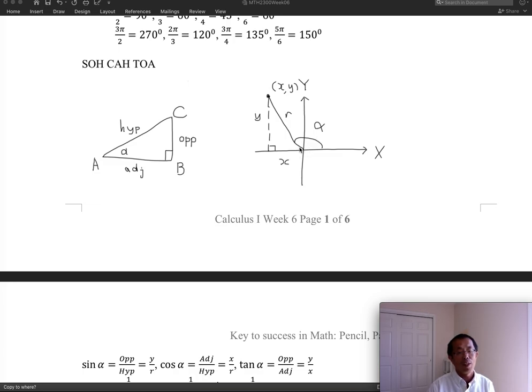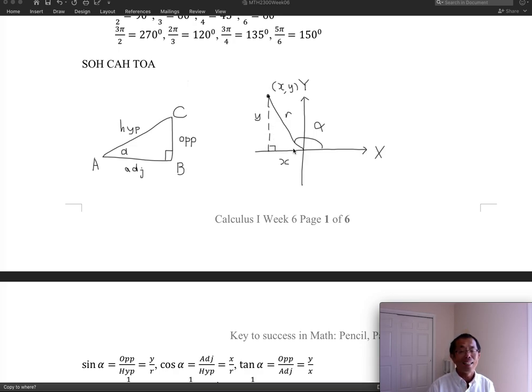It is created from the terminal side of the angle. You pick a point on the terminal side, then draw a perpendicular line back to the x-axis. I put a dotted line there because this is the line I added. With this dotted line, I hope you see the right triangle. This is the reference right triangle.